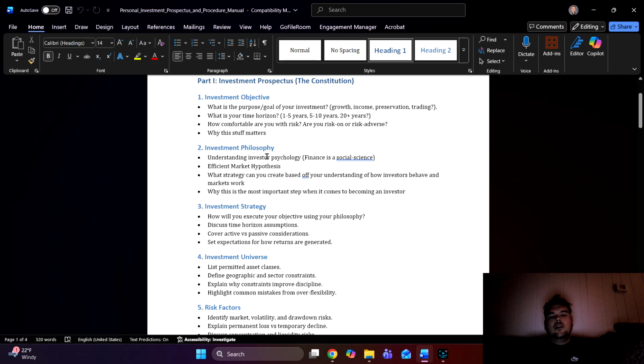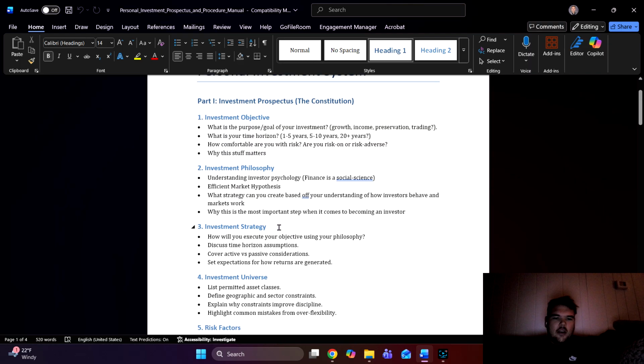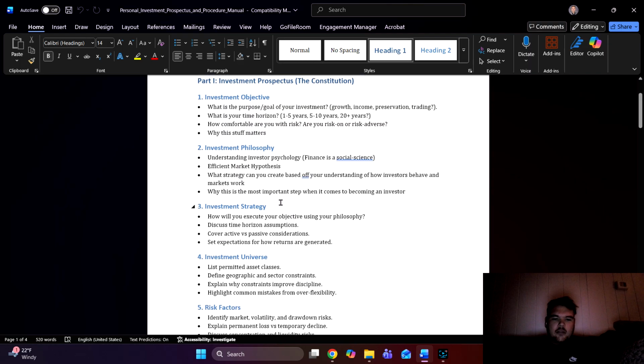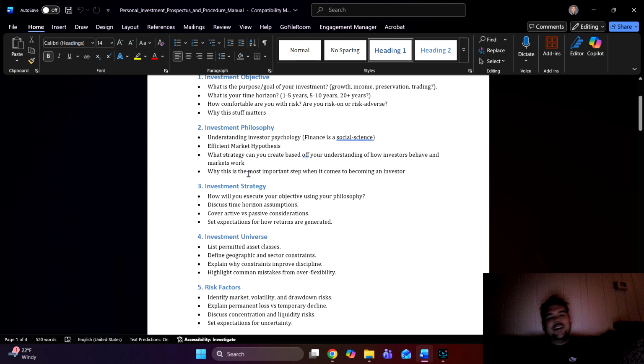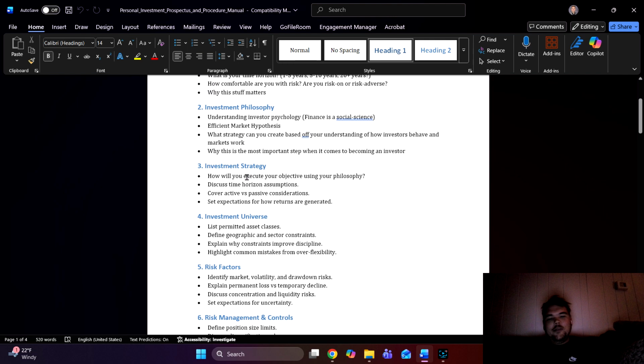If you don't have an investment philosophy yet, I would suggest trying to find one that fits your character, I guess. If you haven't figured out these two yet, maybe you should figure those out before you open up your brokerage account.